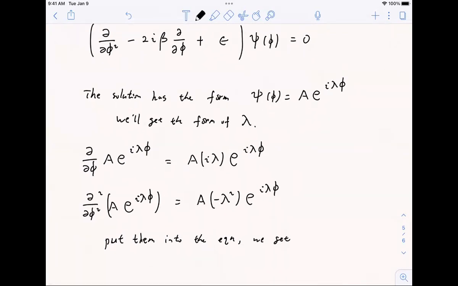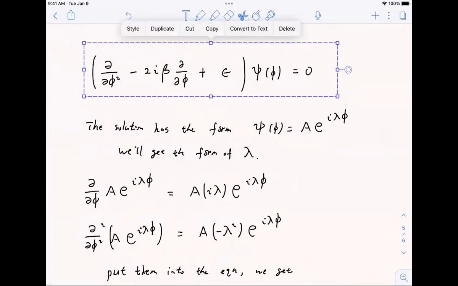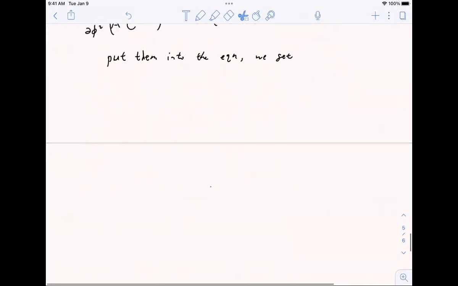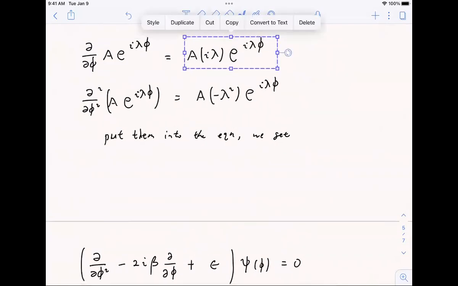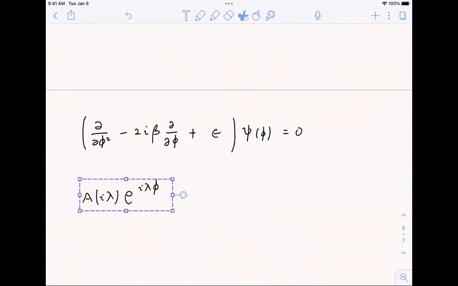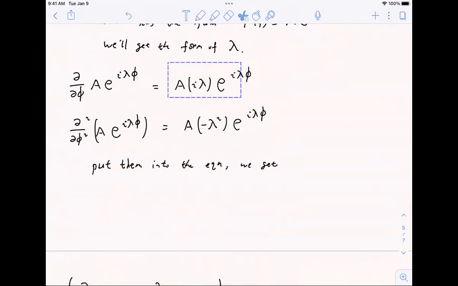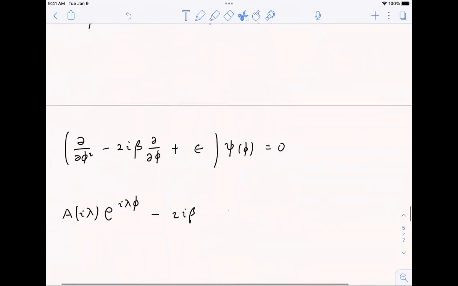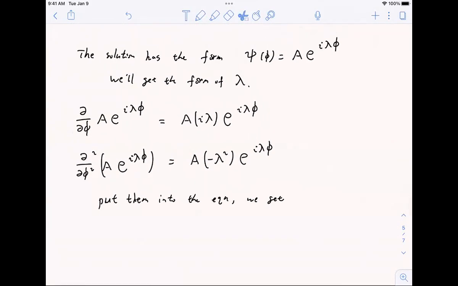We get, so basically for this one, you get this, and then minus 2i lambda, and then you get this. Copy, and then plus, then you get this.